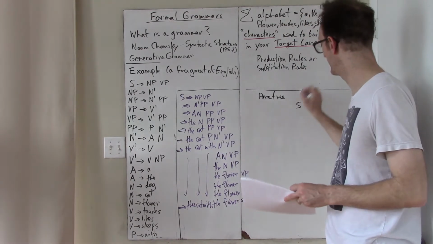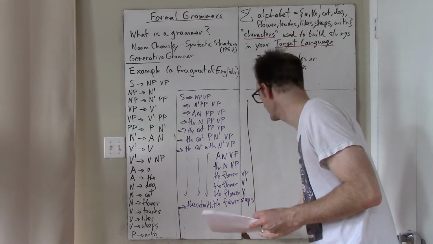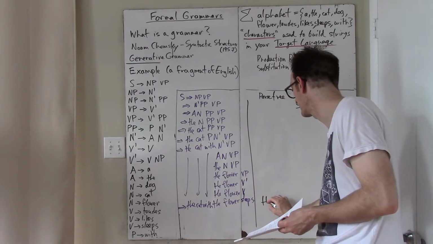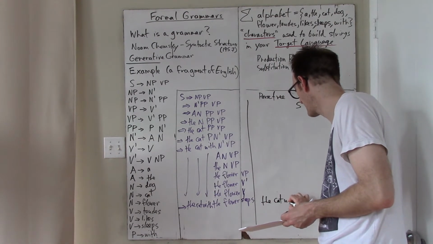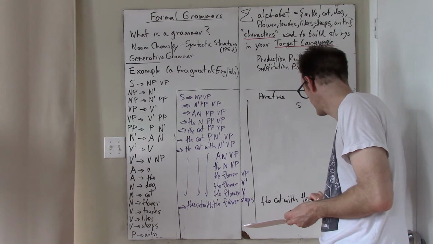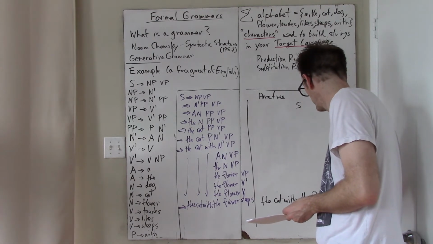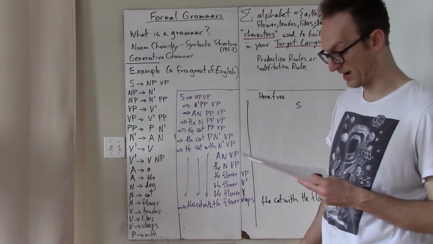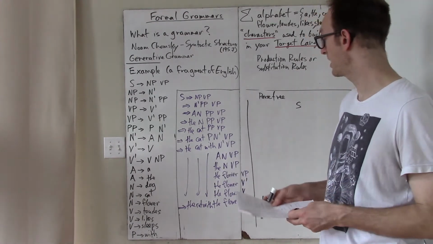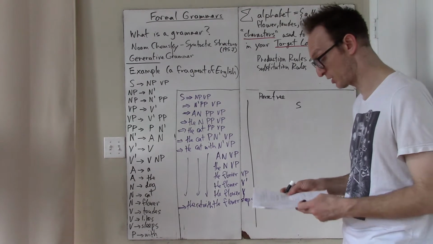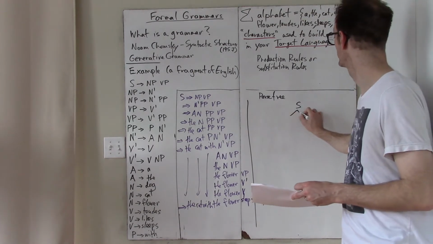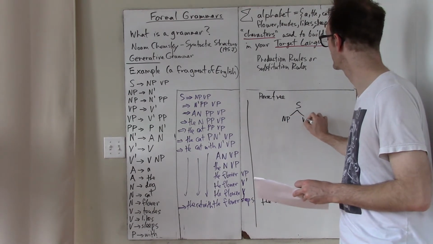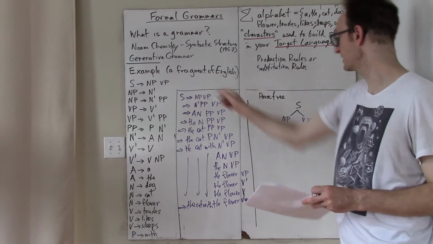So, down here we have the string. The string is the cat with the flower sleeps. And now I will show the various relationships. So you have S, this becomes NP and VP, sort of splits in a way.